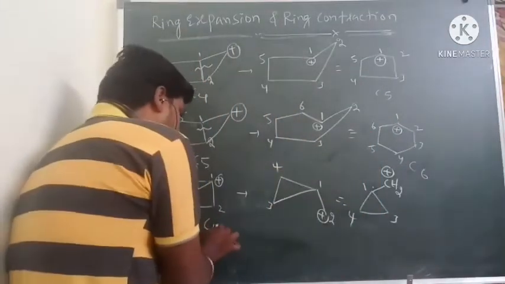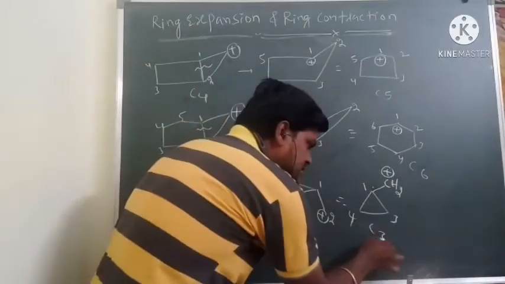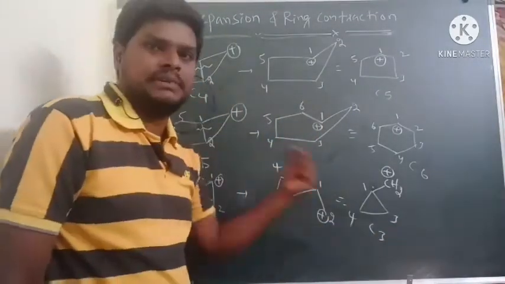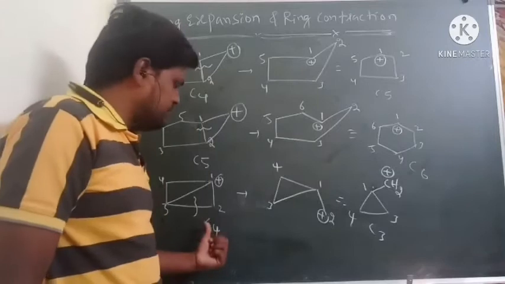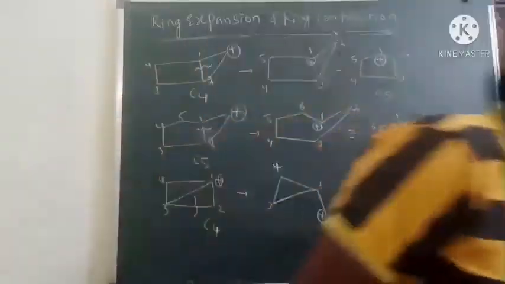Initially it was a C4 ring, but now it is a C3 ring, so contraction takes place: C4 to C3. Next, one more example.